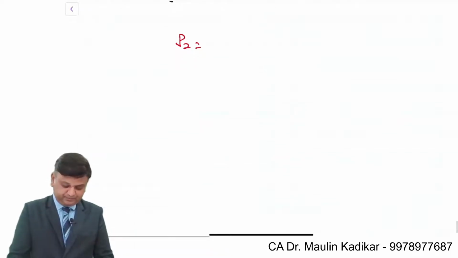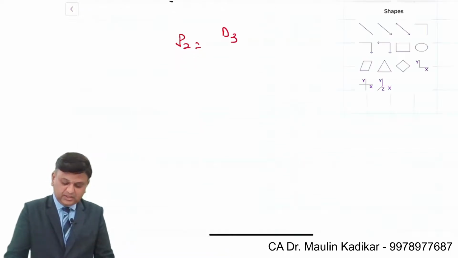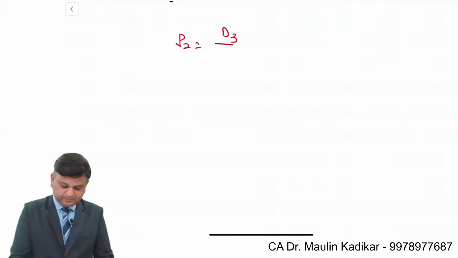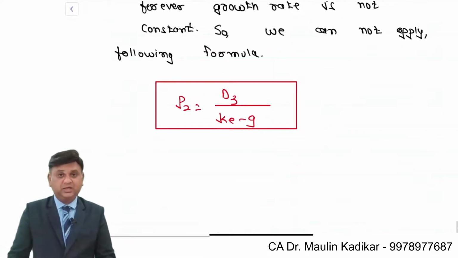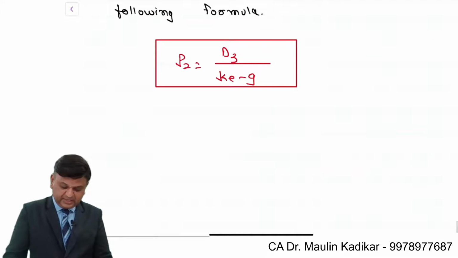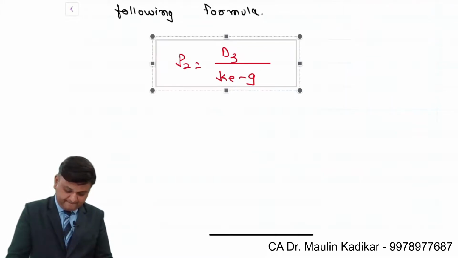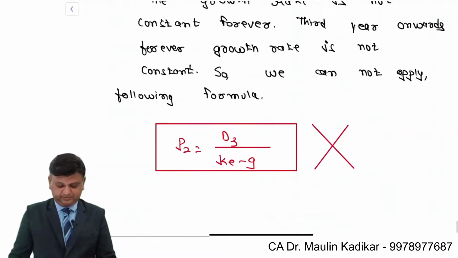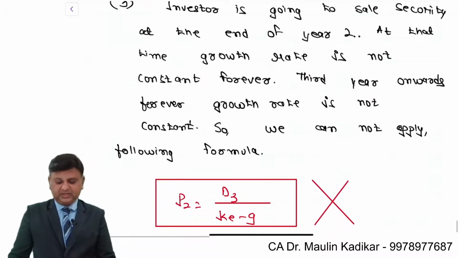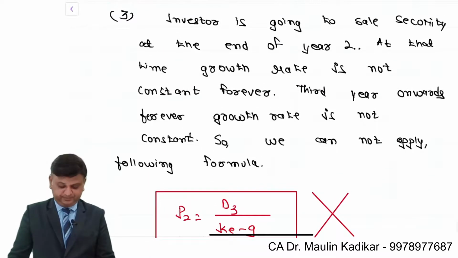P2 is equal to D3 divided by K minus G. Write down this formula and then cancel it.